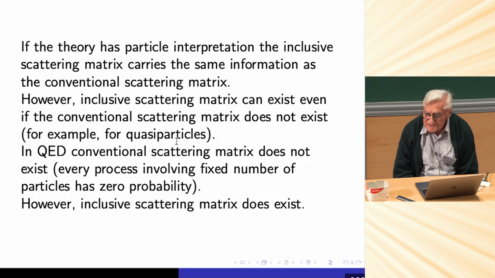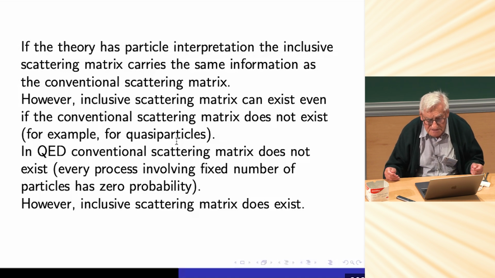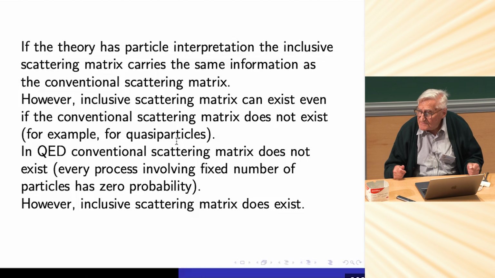For example, if you consider not particles but quasi-particles, the conventional scattering matrix doesn't make any sense, even if you consider scattering of almost stable quasi-particles. In quantum electrodynamics, the conventional scattering matrix is not defined.